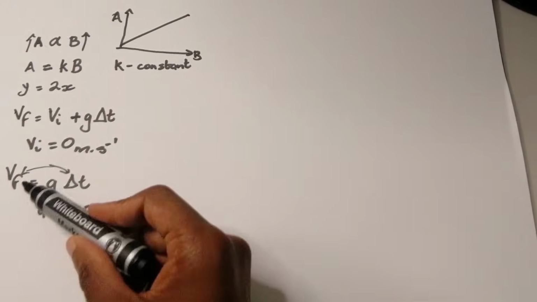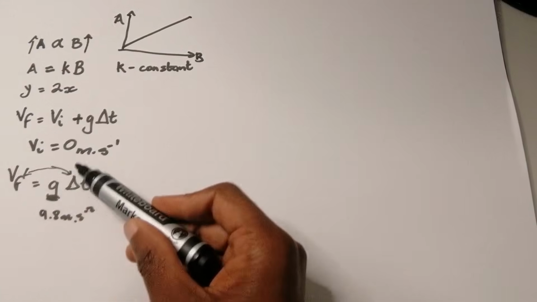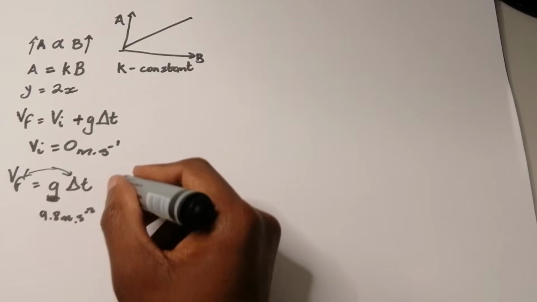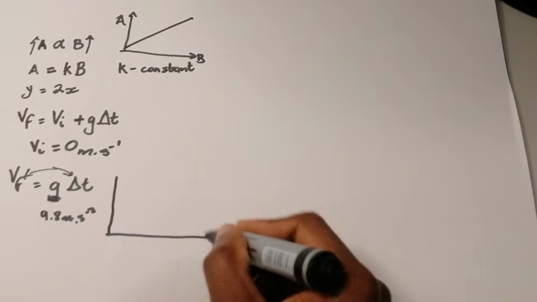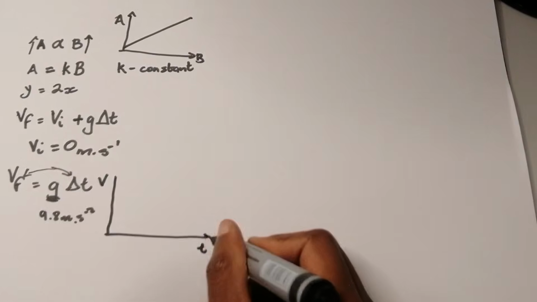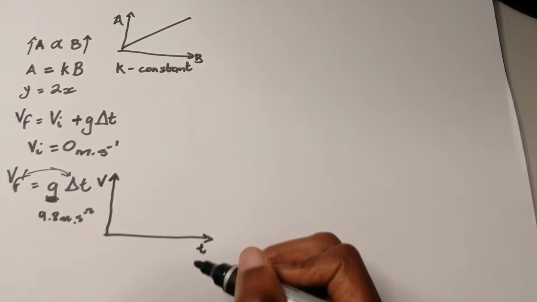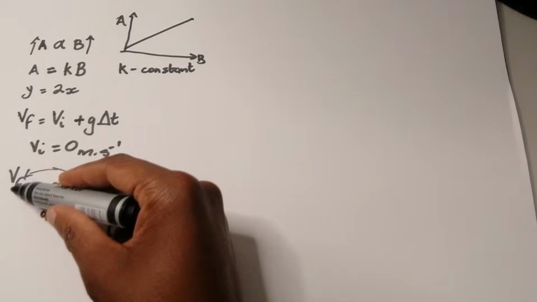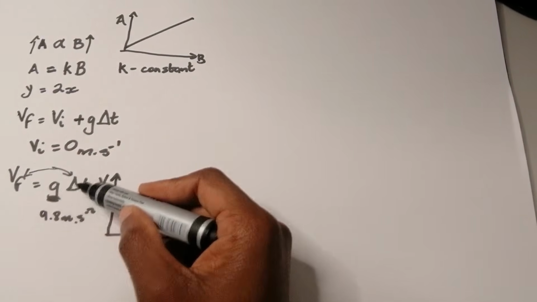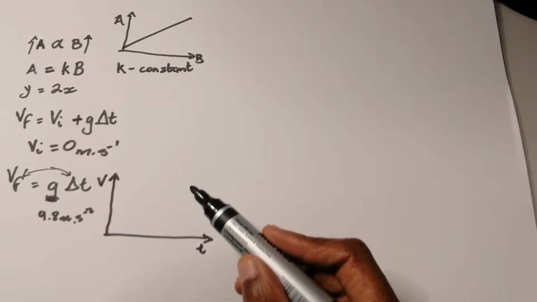Now, look at this. I've got Vf and T. There's a constant there. So it means that if I draw a graph of velocity against time, well, guess what? Velocity is directly proportional to time because there's a constant next to the independent variable.